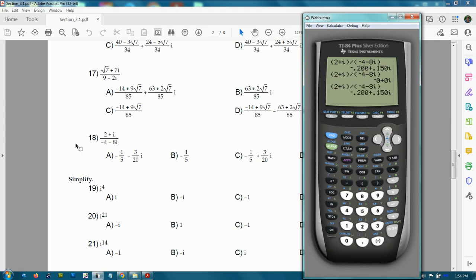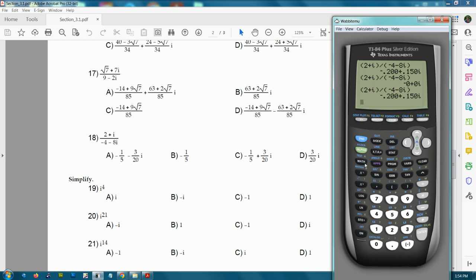All right. Now, I don't see decimals here. So watch what I can do here. I can go to my math key. My very first option is fraction. Hit enter and hit enter again. Aha. It takes it as a decimal and changes it. Takes negative 0.200, changes it to negative 1/5. It took 0.150, made it into a fraction, 3/20.